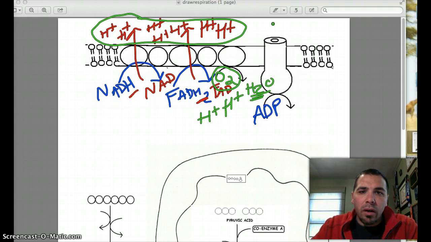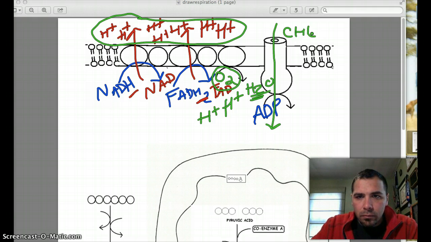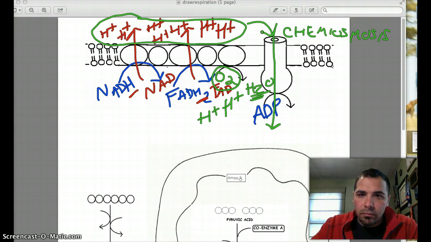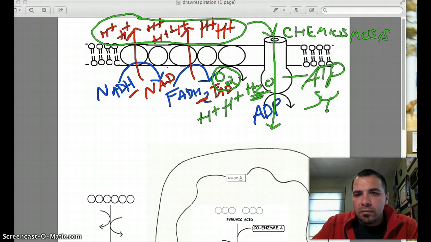Eventually, you're going to get to a point where you're going to have chemiosmosis occur again. Again, all these hydrogens go from high concentration to low, so they're going to want to go through this ATP synthase again. Sorry about my handwriting. And as those hydrogens move through, ADP will become ATP.